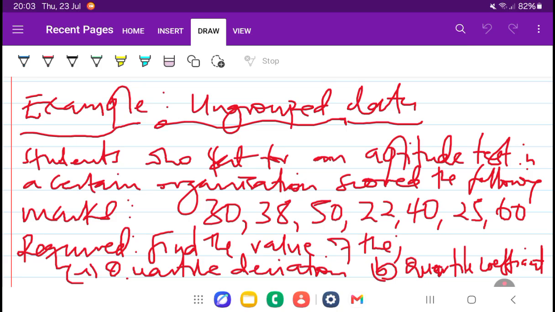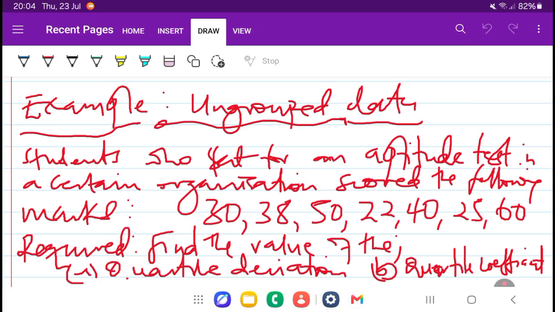So we said the steps are very easy. First, arrange the data set in an ascending order. So you rearrange the data that was given to you from the smallest to the largest. The second thing that you do, you start getting the position of those quartiles. You compute the positions. Of course, there are very many methods.